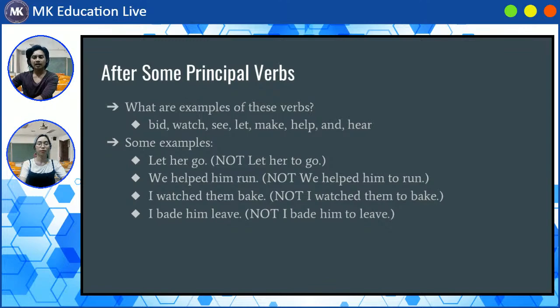Let her go, not let her to go. We helped him run, not we helped him to run. We watched them bake, not we watched them to bake. And I bade him leave, not I bade him to leave.